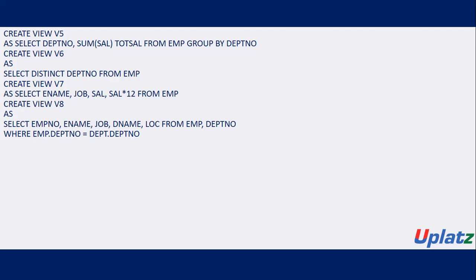What's going on here exactly? Here we are performing a join operation between two tables, the employee table and the department table, and we are creating a view where this join is performed.